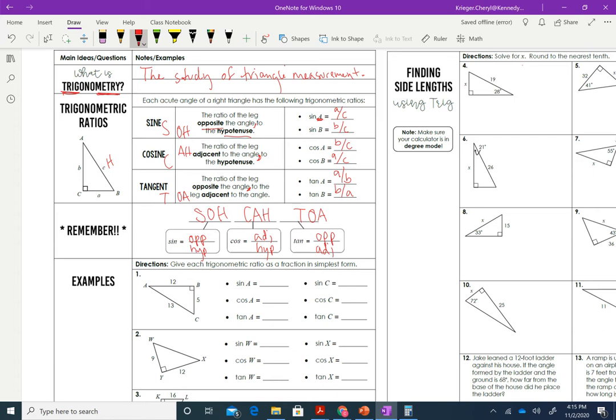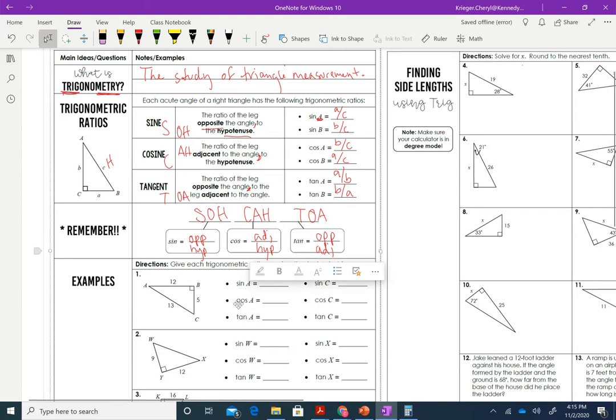It's going to make a lot more sense once we start applying numbers. We are trying to find the angle measures in this case, because they give us sine of A, cosine of A, tangent of A. I'll do number 1 and 3.